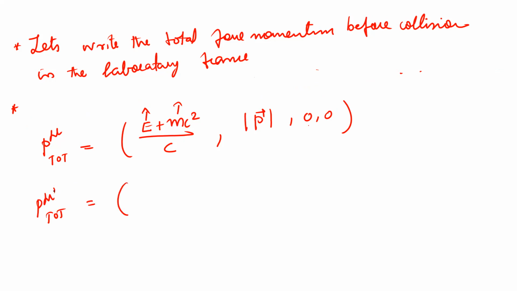So what's the total 4-momentum after collision, in the center of mass frame? How do we write this? In the center of mass frame, we said that the initial momentum is 0.